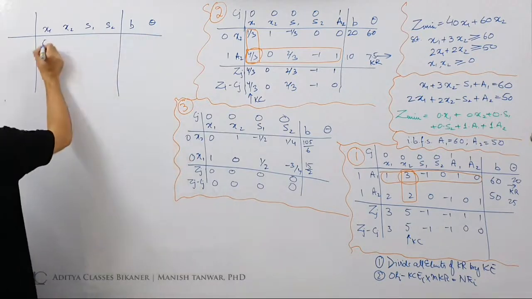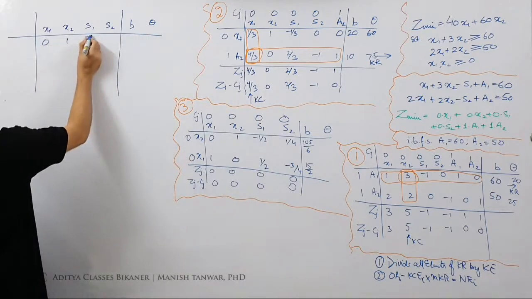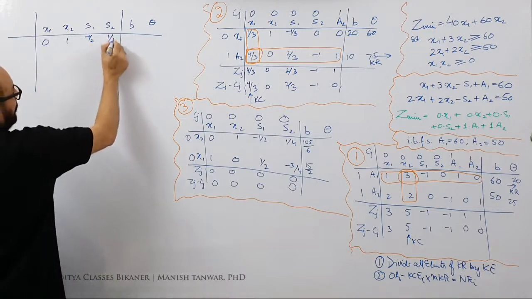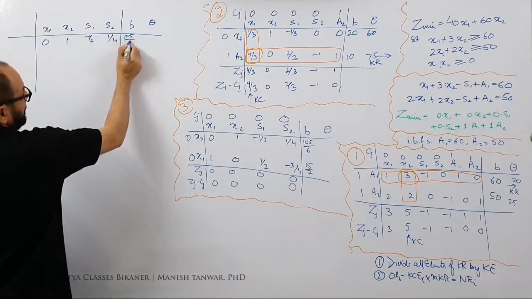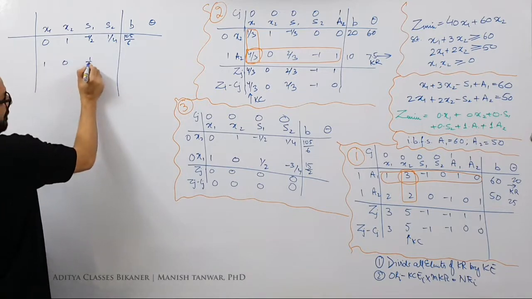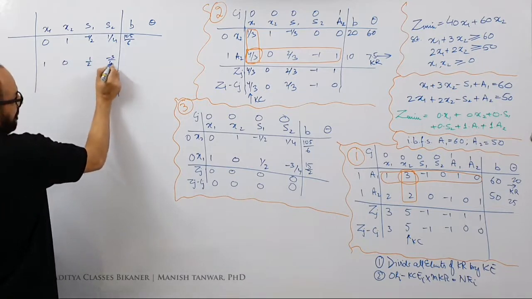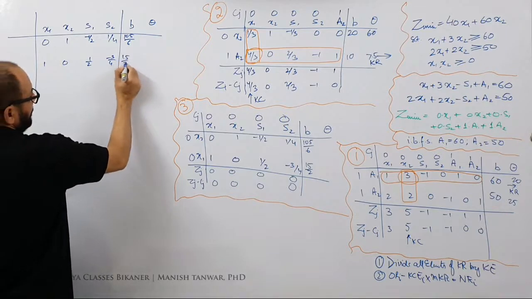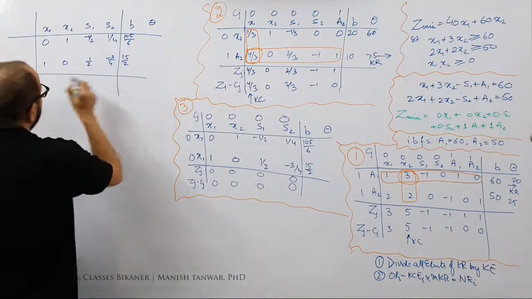Values would be 0, 1, minus half, 1 by 4, 105 by 6. Then we have a 1, 0, half, minus 3 by 4 and 15 by 2.